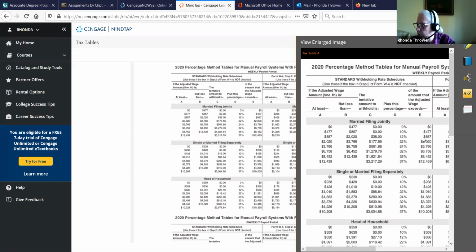And we're going to get the figure $86.16. Now, that's not all of the federal taxes, because they had already calculated an amount of $38 for you. We're going to have to add the $38 and the 12% of $718 together to get the total combined taxes of $124.16.